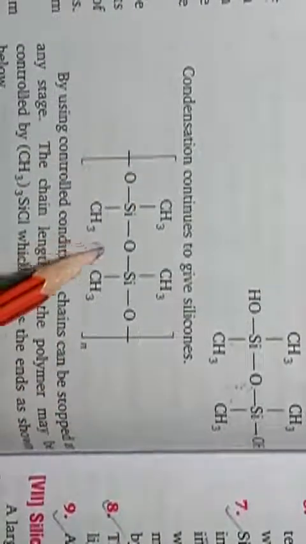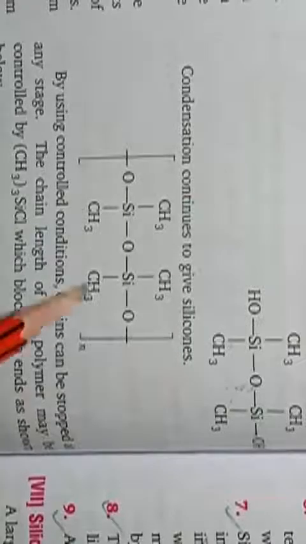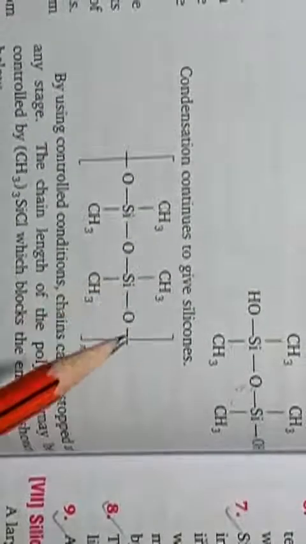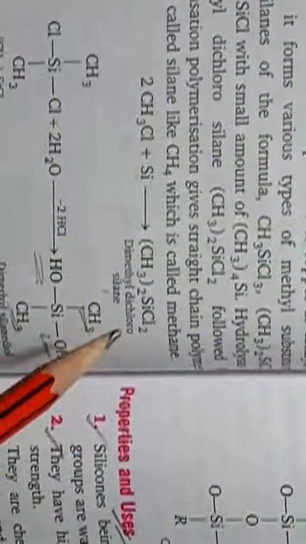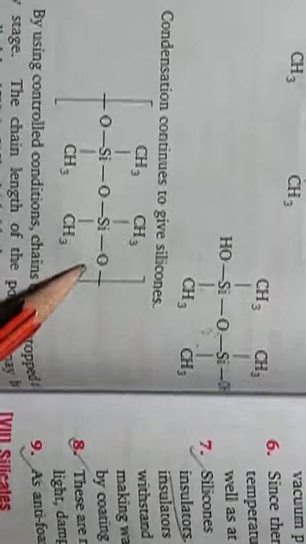Two units join together and a dimer is formed, and when a number of such units join together, a polymer known as silicone is formed. Okay, students, this is the general method of preparation of silicone. First formation of silanes, then silanols, and last silicones.